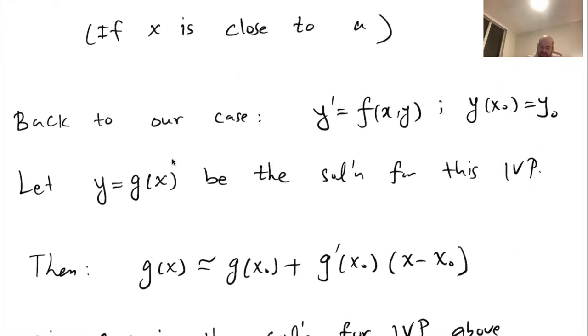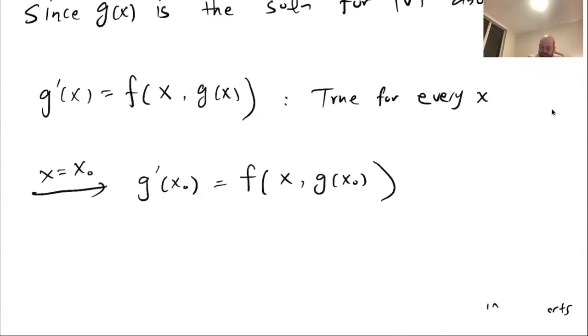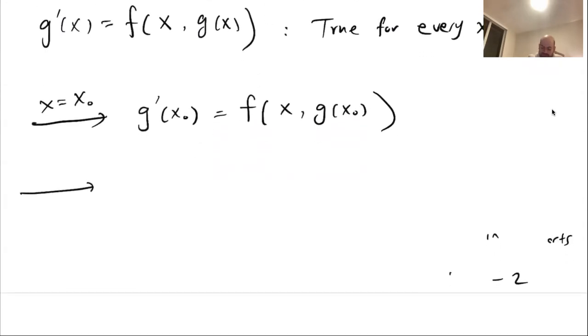Again, because g is the solution for this equation, I can replace y with g. So g of x naught will be y naught. So I can say g prime of x naught is equal to f of x naught and y naught.